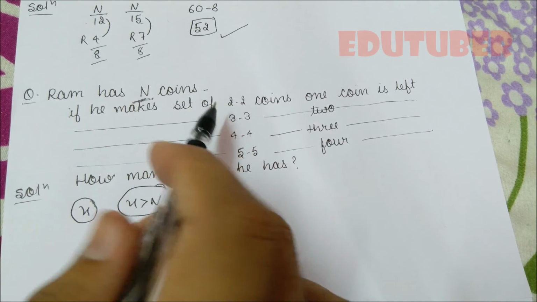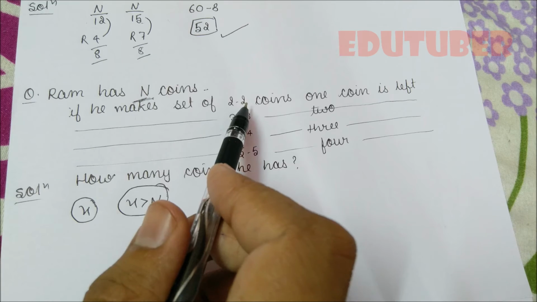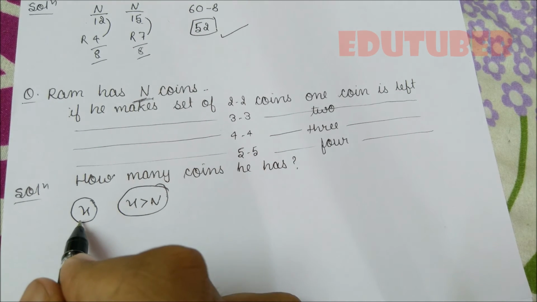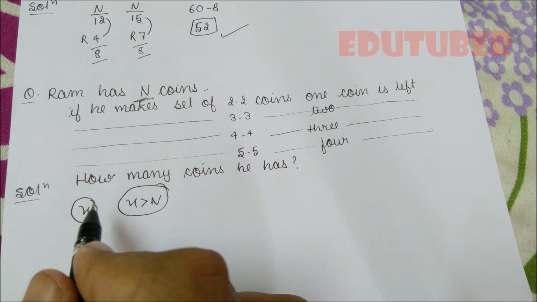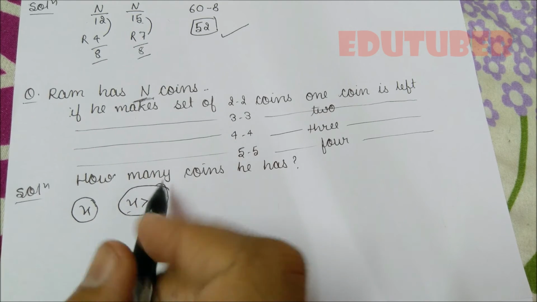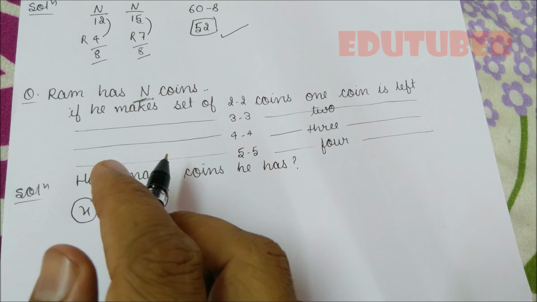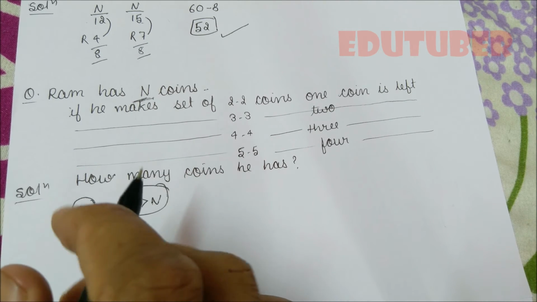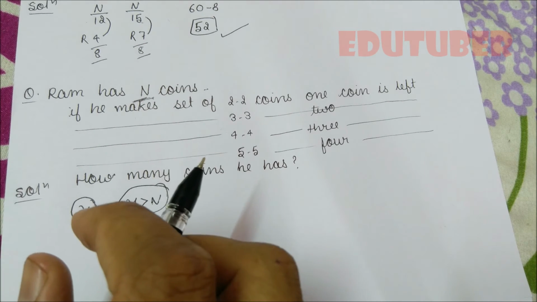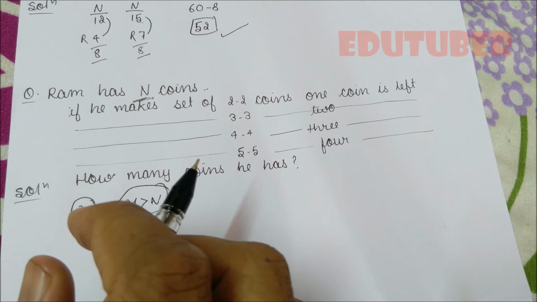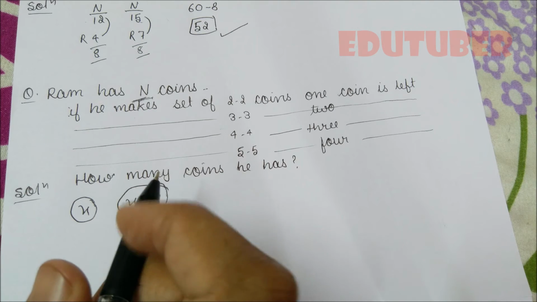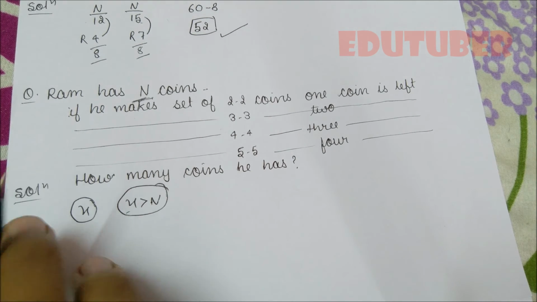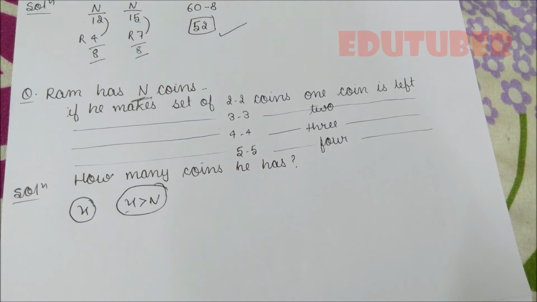Now let me first clarify the question. What do I mean by a set of 2 coins? Suppose I have x bags, and obviously the number of bags is greater than the number of coins. If in every bag I put 2 coins, then 1 coin is left which cannot make a pair with any other coin.